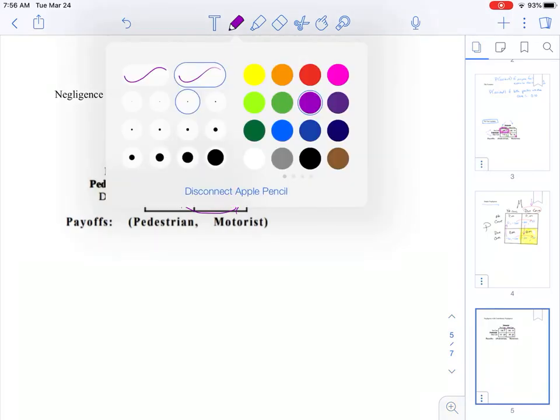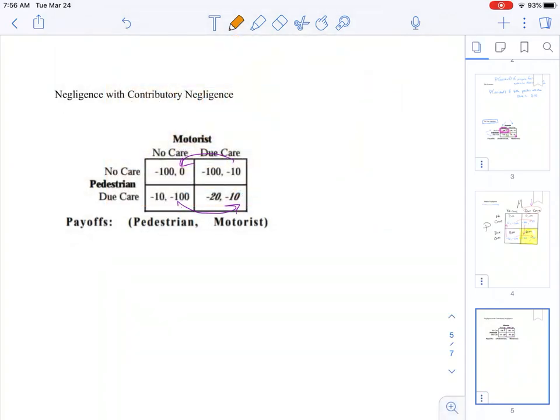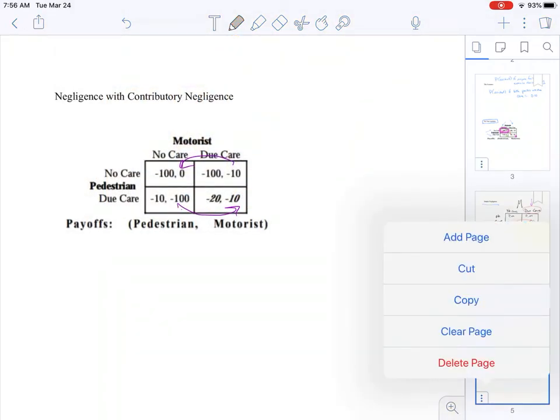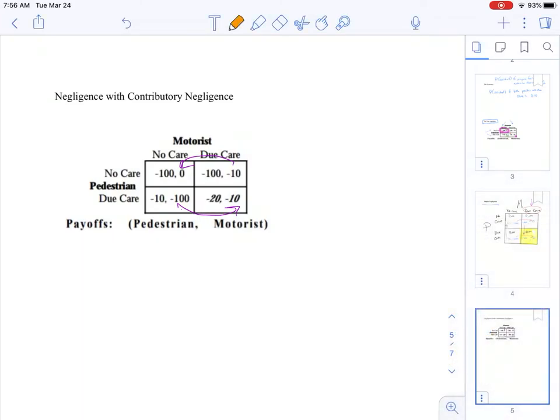What about the pedestrian? Let's change up the colors here. Orange. So the pedestrian's numbers are the first ones in the box in each cell. If the motorist were to not take care, that puts us somewhere in this left column. If the pedestrian does take care, they're out 10. If they don't take care, they're out 100.